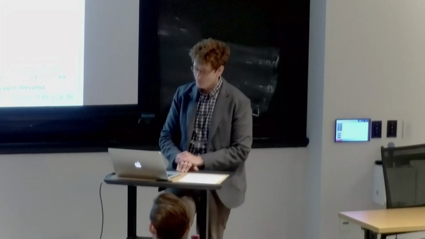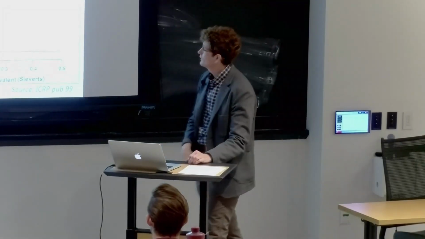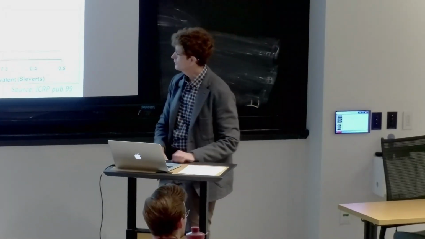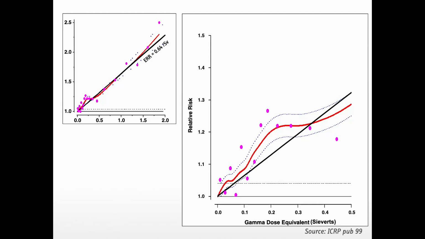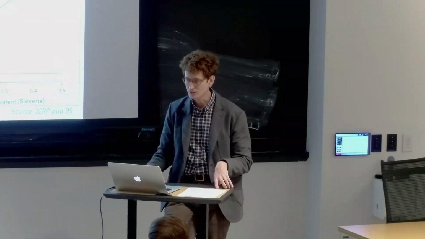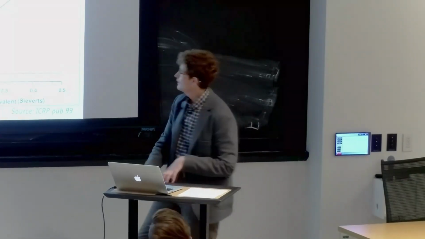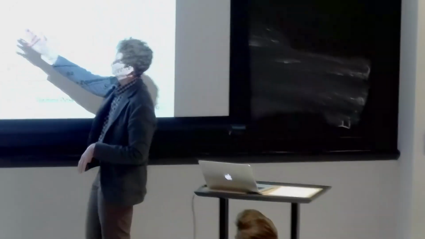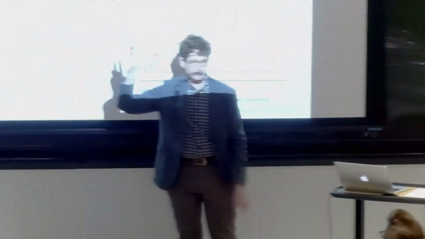One of the things I want to talk about, though, is just to look at the slopes here. Right now, the ICRP, the International Committee on Radiation Protection, which is one of several bodies that recommend safety standards for radiation, they need to publish a number for the slope of what this dose response is, right?